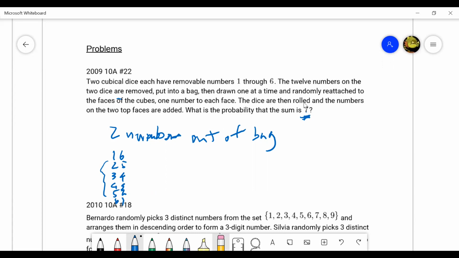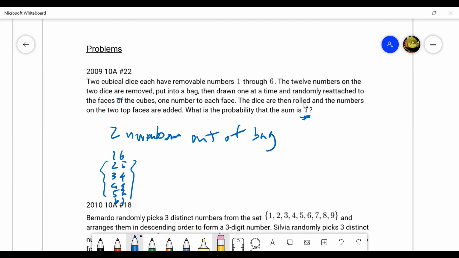As soon as you choose that one number, the second number must be fixed. For example, if you randomly choose a number out of the bag and get a 1, your second number has to be a 6. If you get a 2, the second number has to be a 5, and so on. So this is symmetric, and when it is symmetric like that, you can ignore the first number entirely.